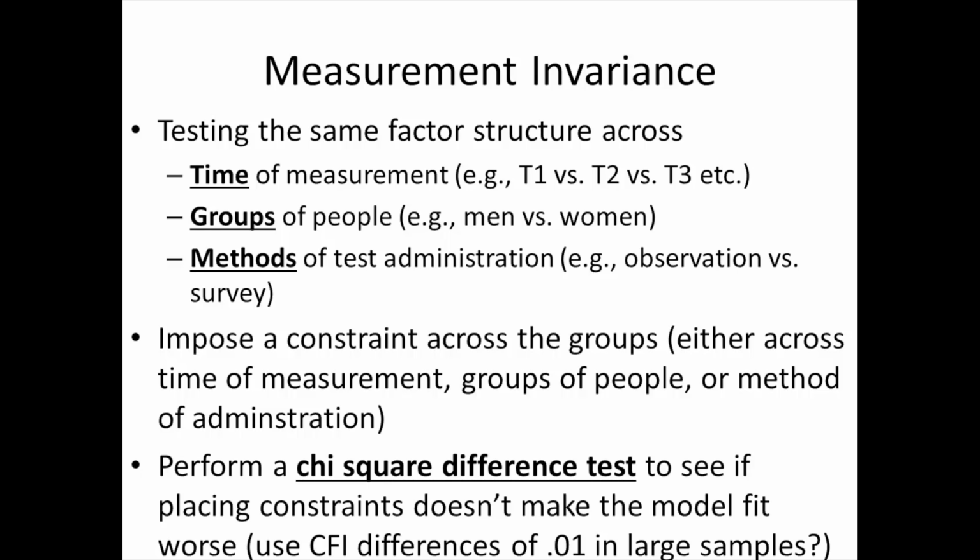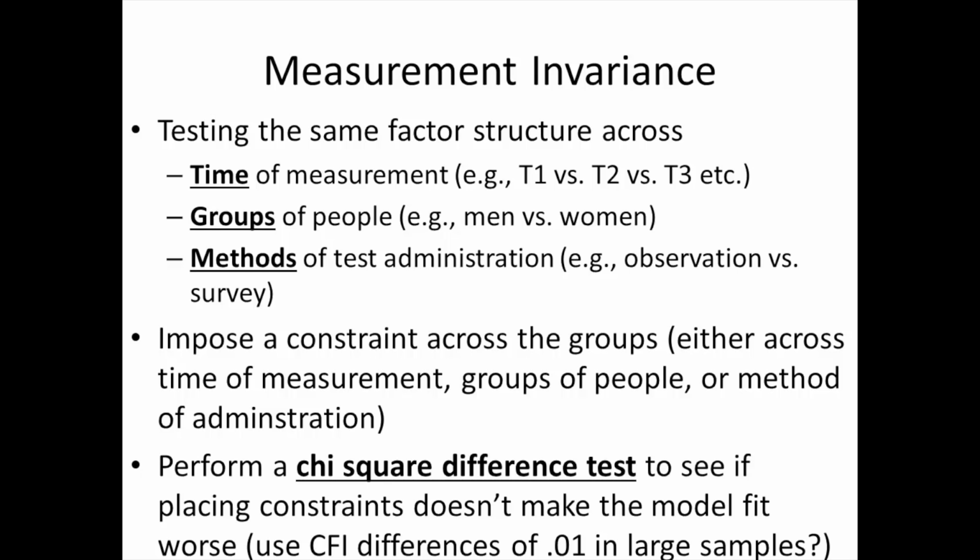One way we think about these models is that the broader model with freely estimated parameters is an overall model, and the model that has constraints is nested within that overall model. So we're checking nested model comparisons.